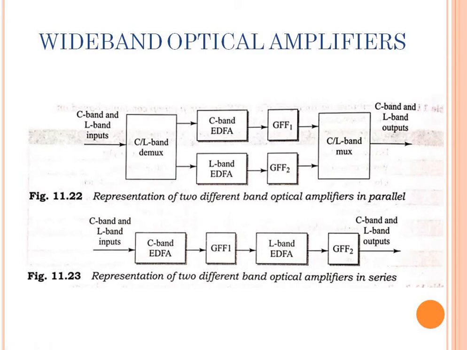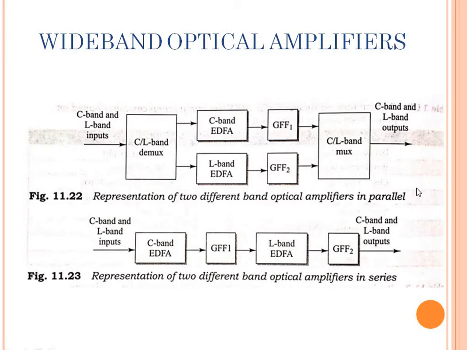So this setup requires the use of a guard band to prevent amplification overlap between the different parts and prevents noise power originating in one amplifier from interfering with signal amplification in an adjacent amplifier.